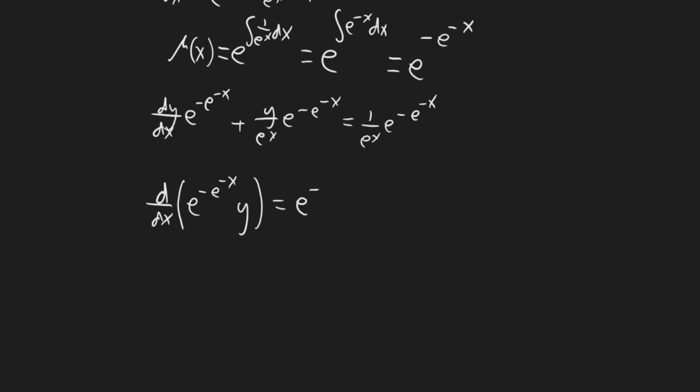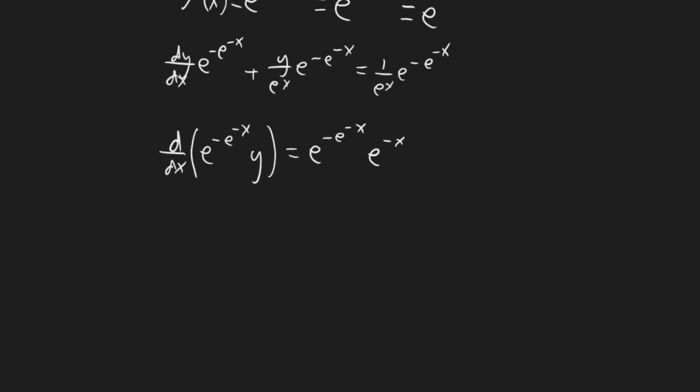So this is e to the negative x times e to the negative x, and that's because I just rewrote 1 over e to the x as e to the negative x. So now we integrate both sides with respect to x. And so we should end up with the left side with no derivative, e to the negative x times y equals the integral of e to the negative x times e to the negative x dx.